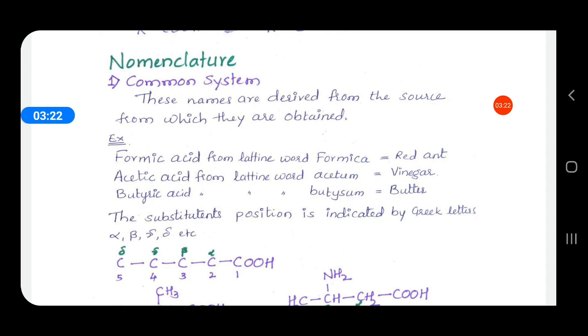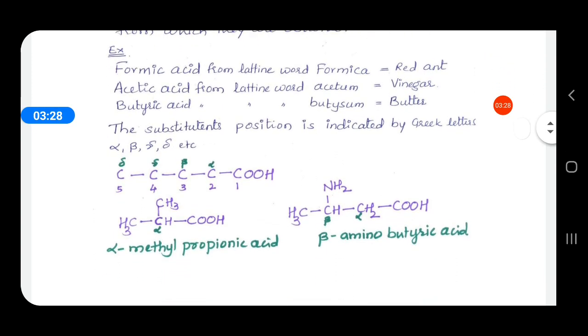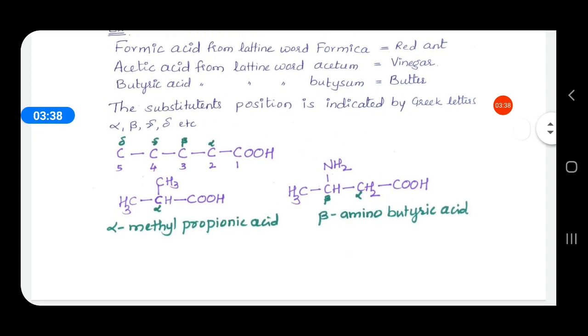Suppose any substituents are present, then how are they indicated? If any substituents are present, they are indicated by Greek letters, that is alpha, beta, gamma, delta, etc. The alpha carbon is the carbon which is adjacent to the functional group.